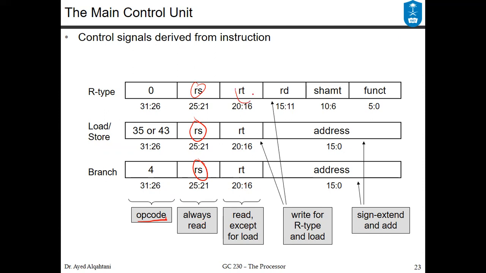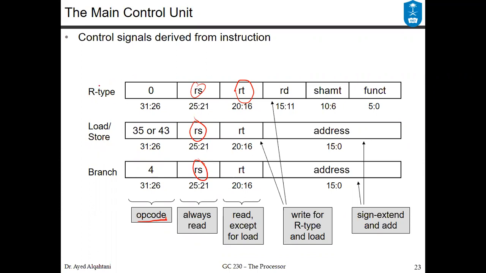So if it is an R type, we read it. It's a source register. If it is a store, the store gives you the data and the address as well. So for the RT, sometimes it's a source register, sometimes it's a destination.